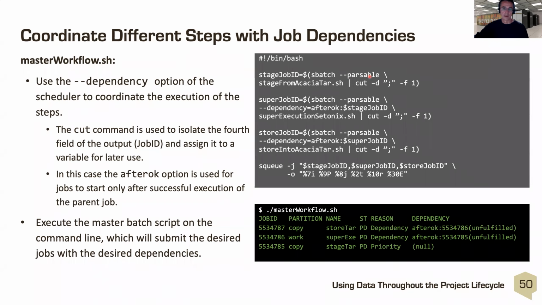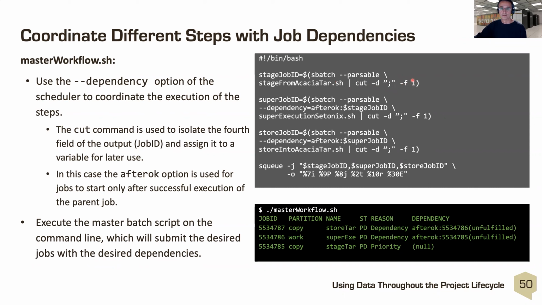Why are we using this parsable? Because we need to guarantee that the output message will always have the same structure, because the second part of the syntax that we have here, which is this pipelining into the cut command, is grabbing the first field of the output.